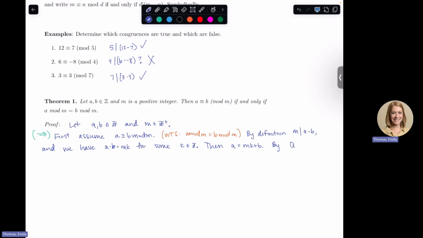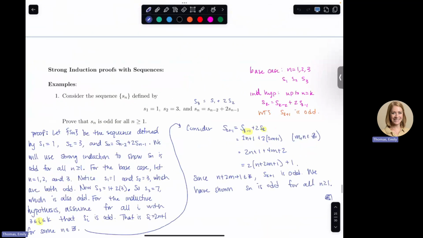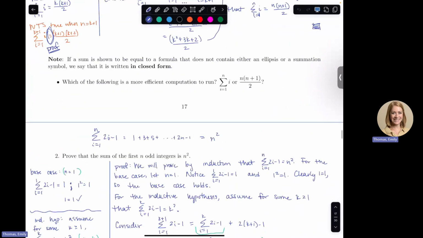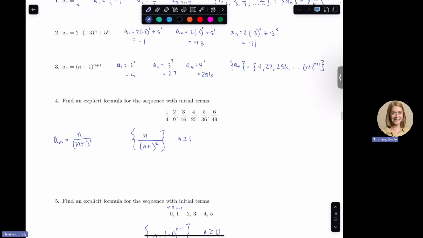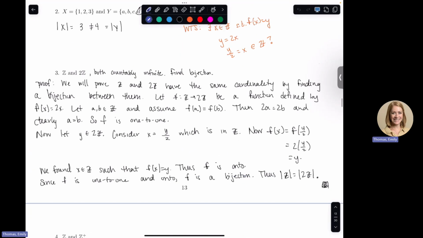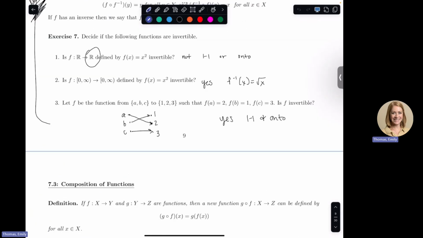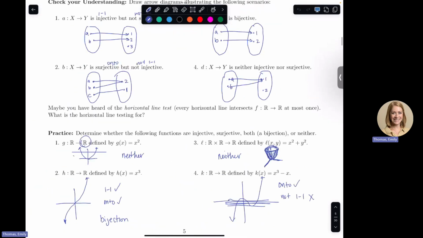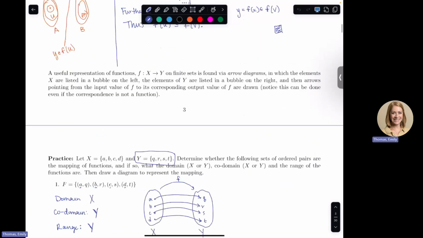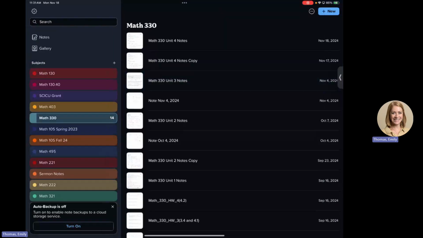Do you remember this? Let's see, when was that? Was that in here or in 2? Whoa, it has been a long time ago. Test 1 notes? Test 2 maybe?